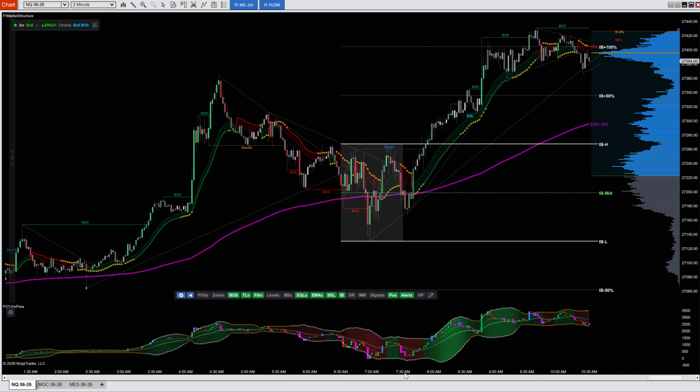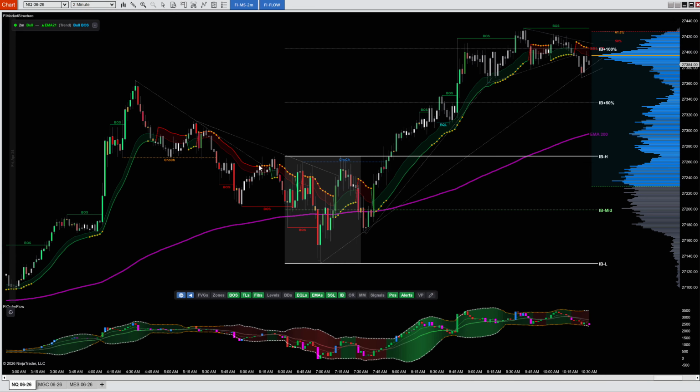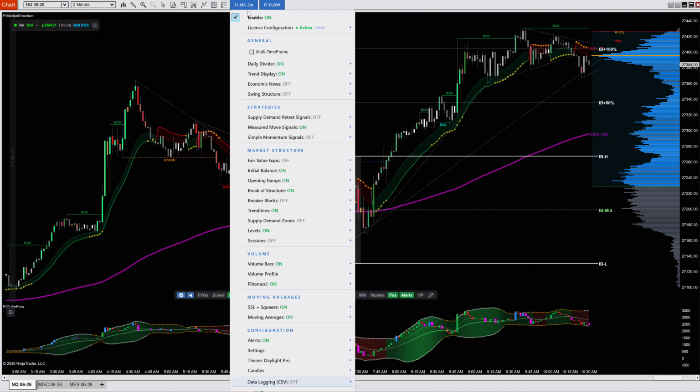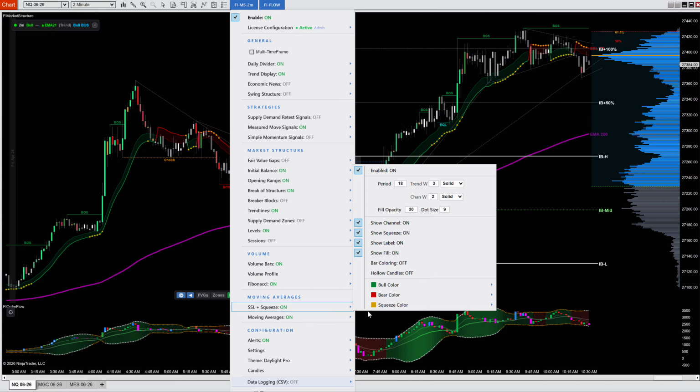So first of all, let's look at what this is. This is a squeeze, right? And you can look at the indicator right here. Squeeze off SSL, and you have a squeeze right here.